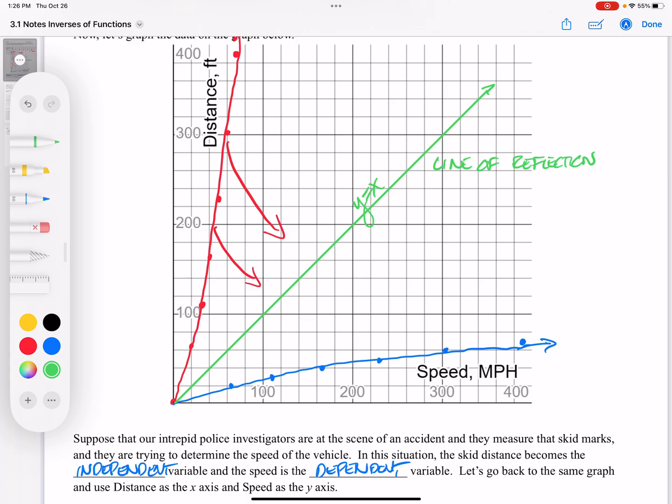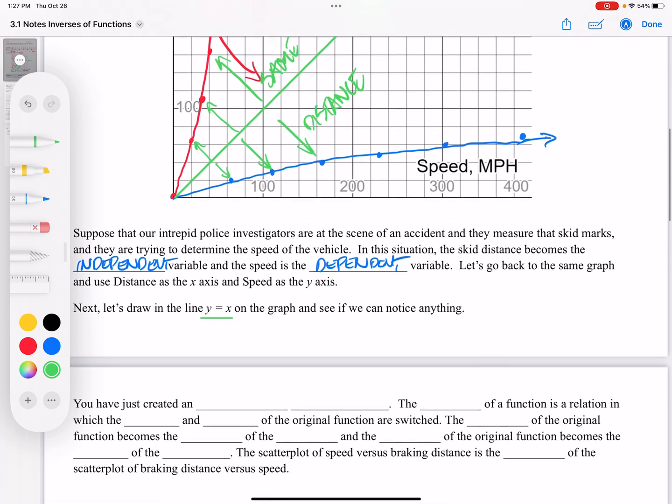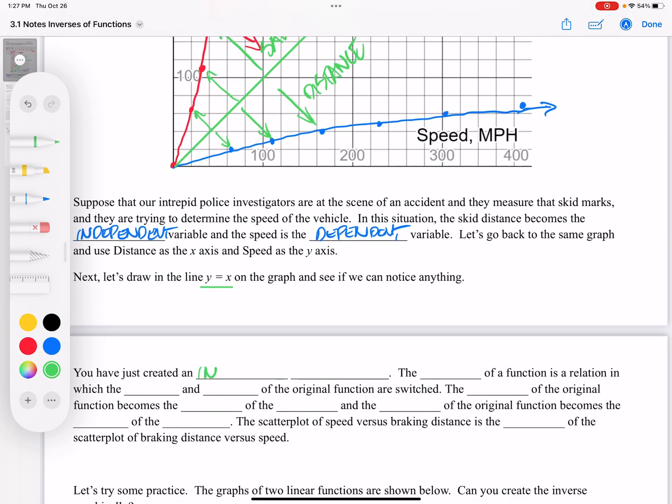Each point, if we measure perpendicular, is the same distance. So if I measure out perpendicular, I get the same distance each time. So this is what an inverse function looks like. We have just created an inverse function.